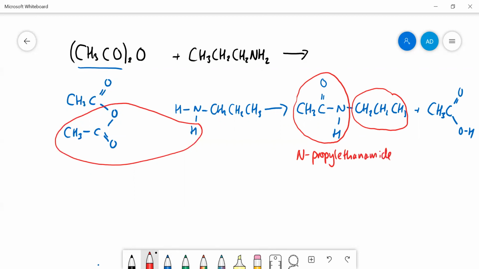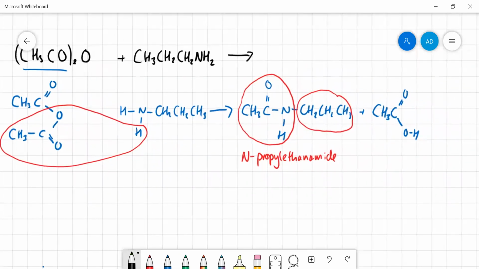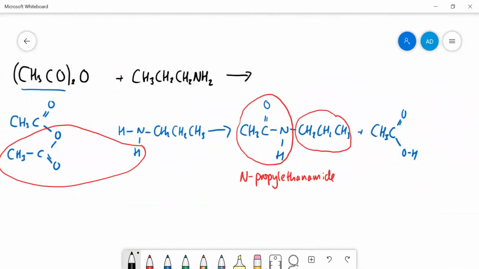Okay, let's draw that in the one line form of the equation. So it's going to be, move that over a bit. You're going to get CH3CONHCH2CH2CH3 and CH3COOH.